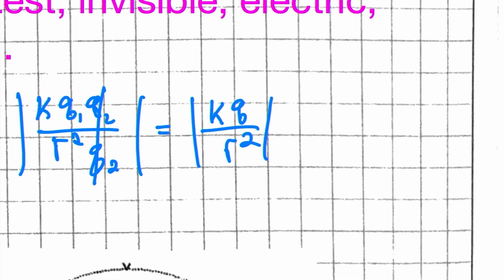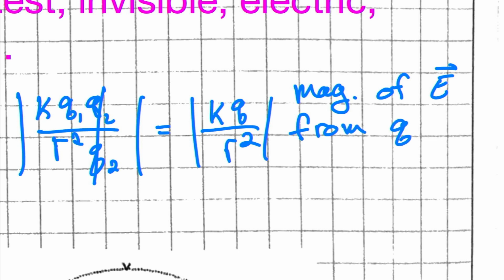And that is the magnitude of the electric field from Q at a distance R away from the charge, right? So it's very similar to Coulomb's law, it just doesn't have both of the charges up top.